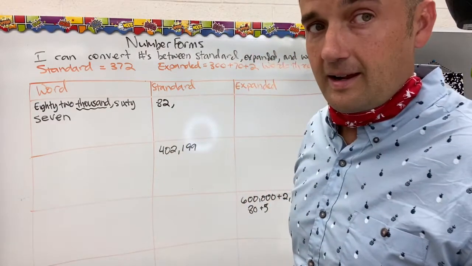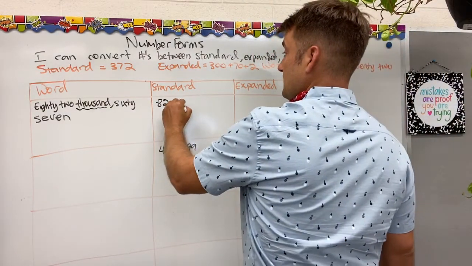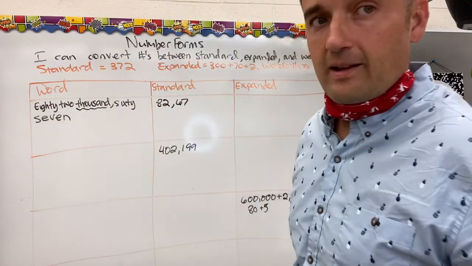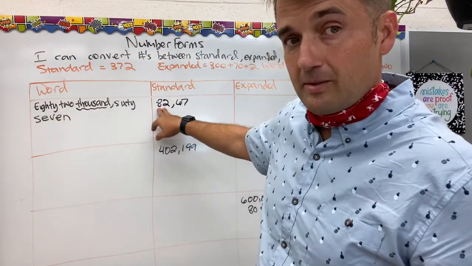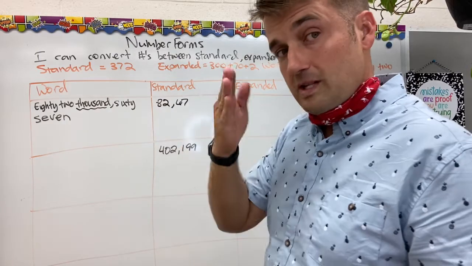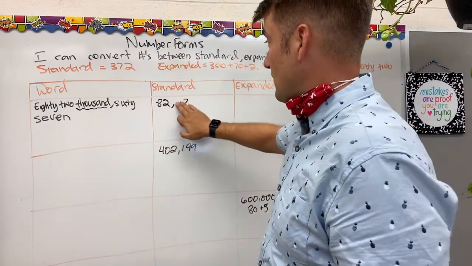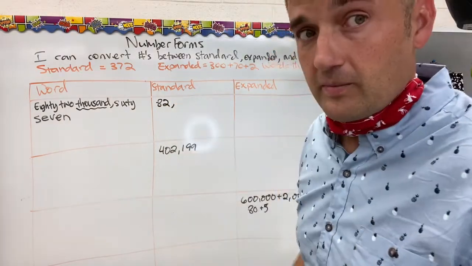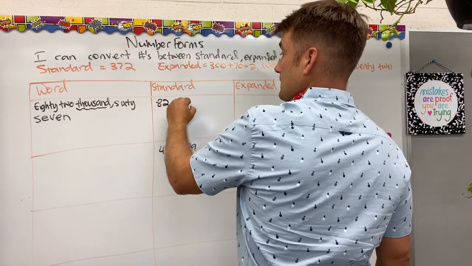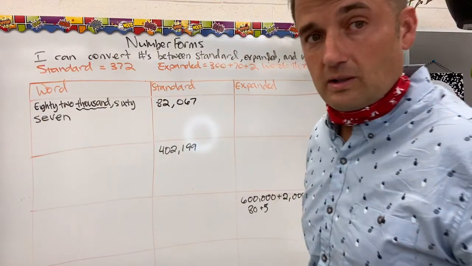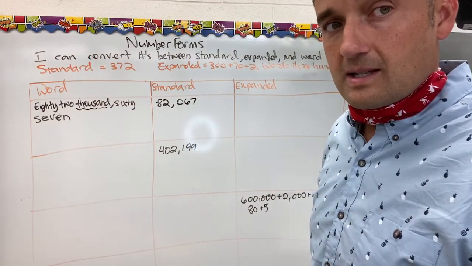Now, I can't just write 67 because that changes the value of these numbers. There has to be 3 spots in each period, so I have to make sure I'm keeping 3 spots in a period. That's what that should look like: 82,067.